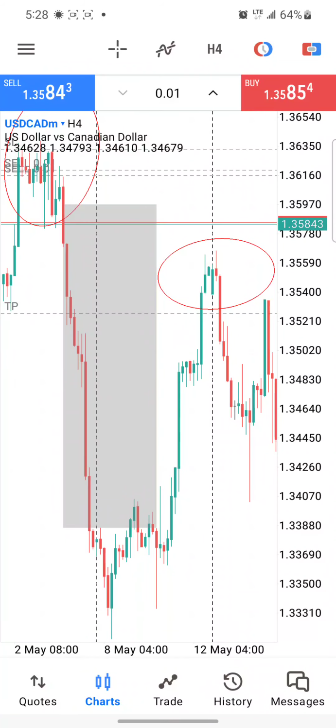That's inducement. It means something is trying to fake you, or let me say induce or deceive you. Yes, let me use the word deceive. So it's kind of deceptive, making you think the market is going straight to the top to hit the buy side liquidity, but that's not what the market is doing.